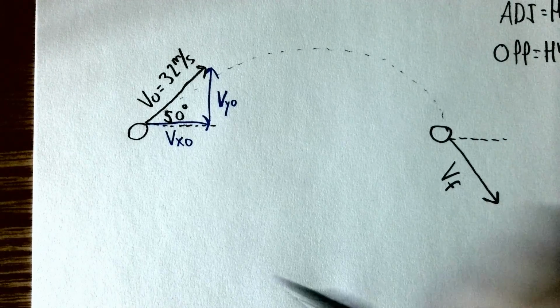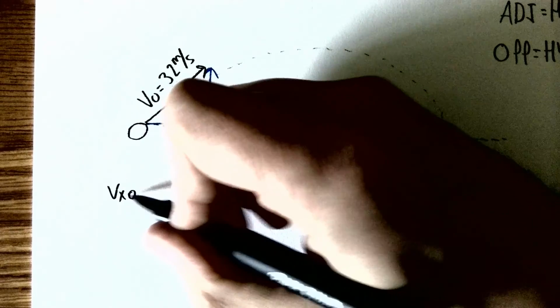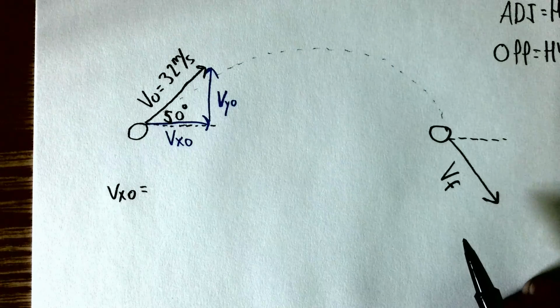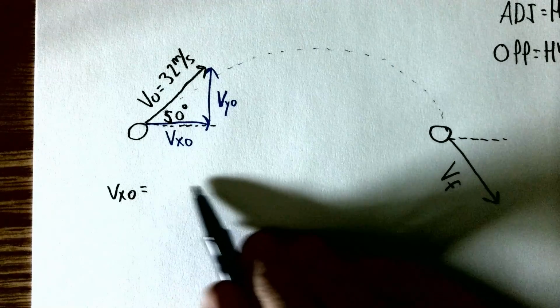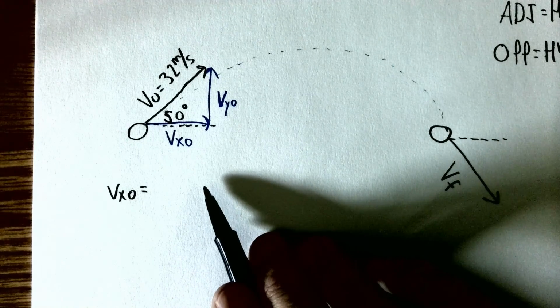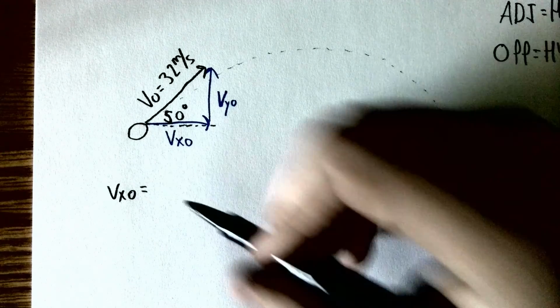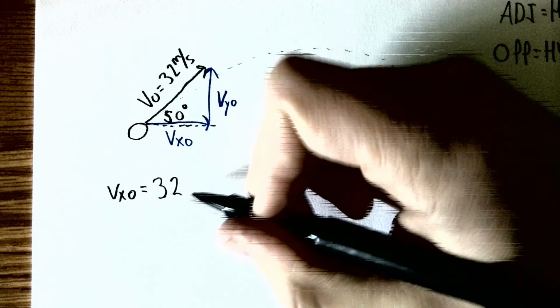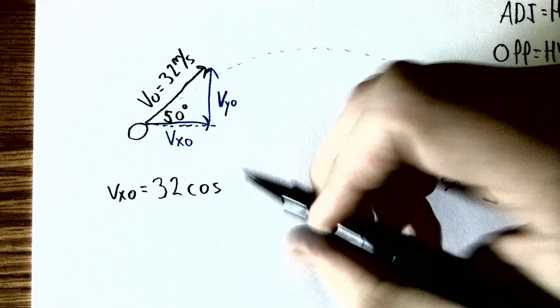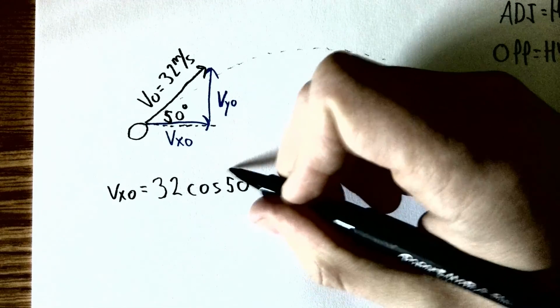So let's solve for it. Vx initial equals, what are we going to write? Hypotenuse cosine theta. What are the numbers though? Very good. 32 cosine 50.